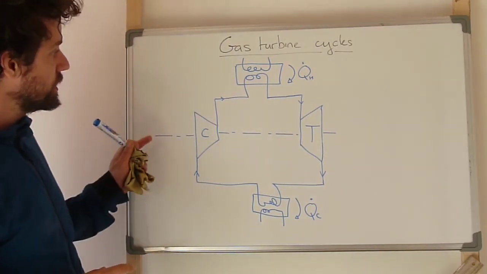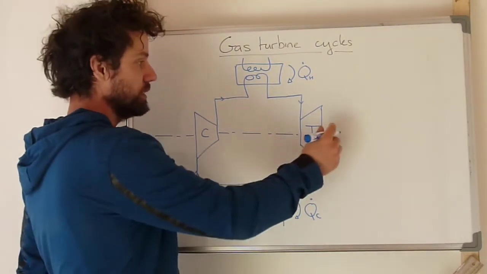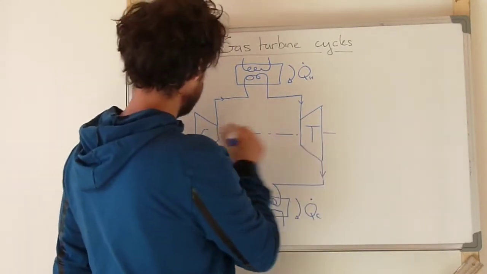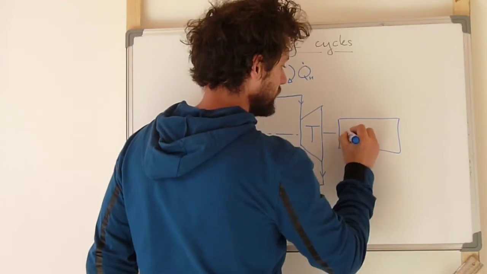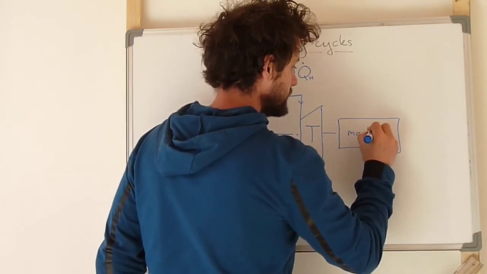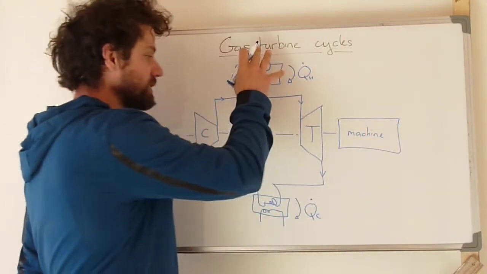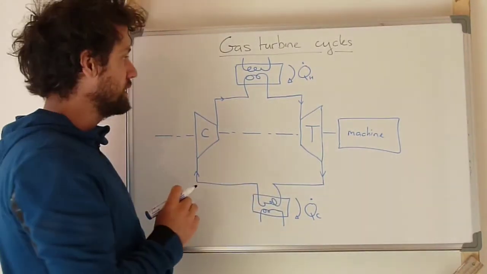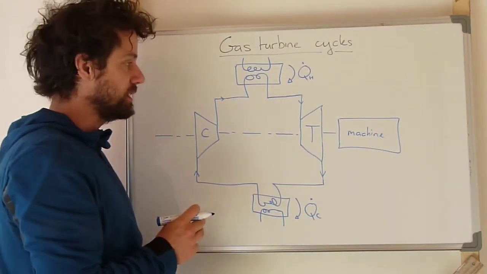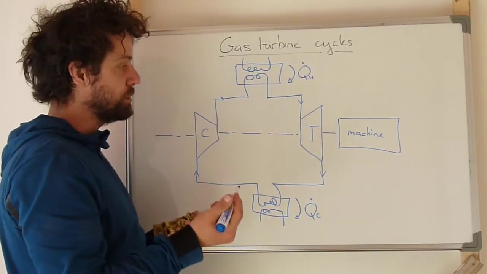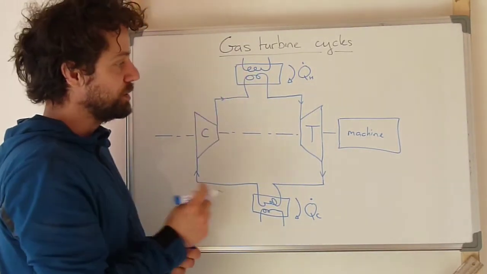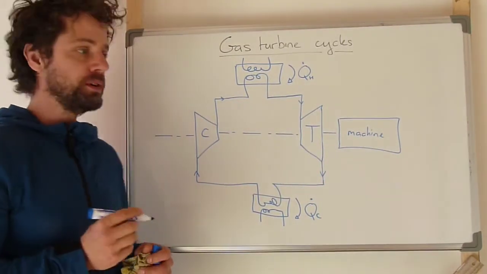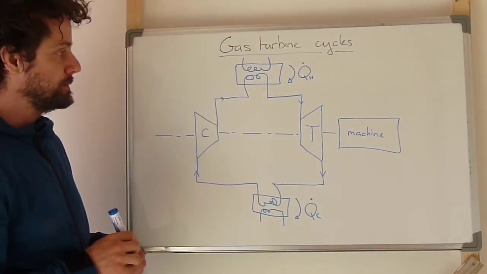So of course this is only part of it, because there's a remaining torque on this shaft, so we don't forget here that we have a machine connected to this, and if we have heat exchangers and secondary fluid, then it becomes also a heavy machine, so it's not for propulsion of an airplane anymore, but this machine can be, for example, an alternator for electricity production.